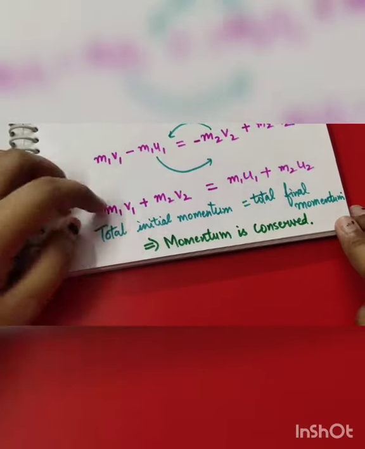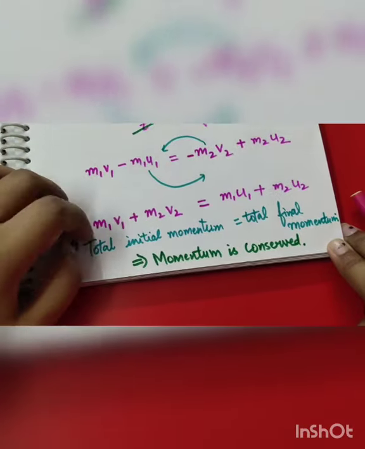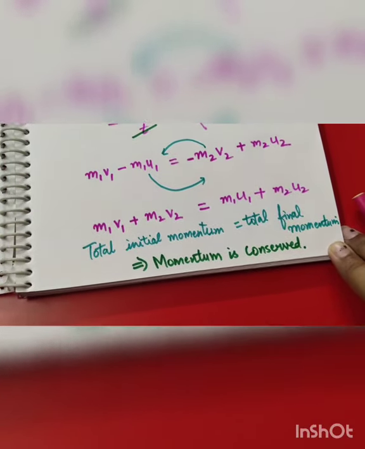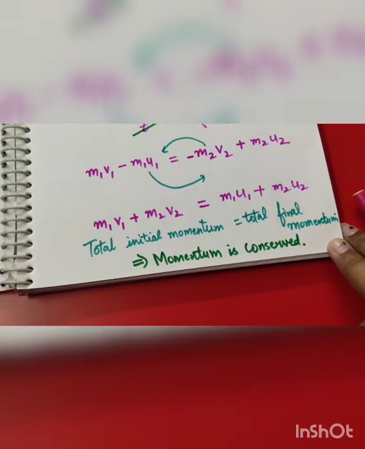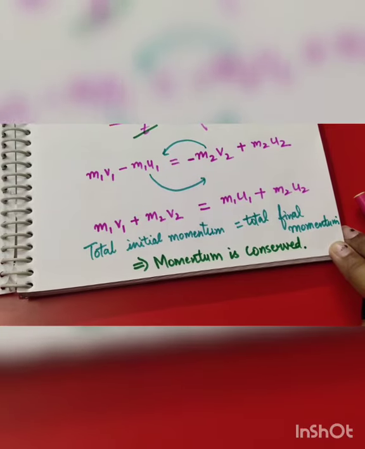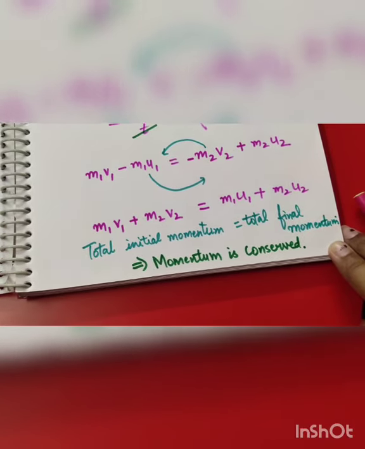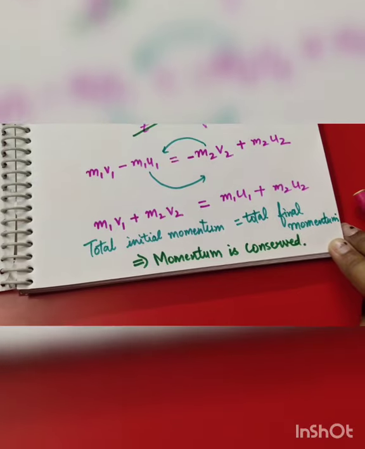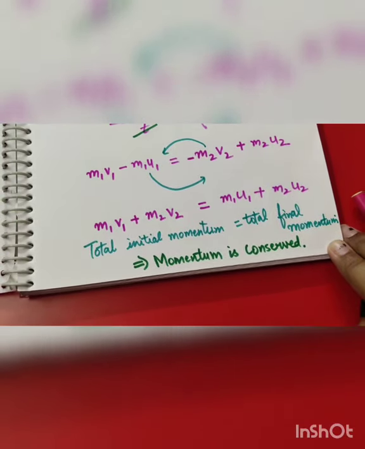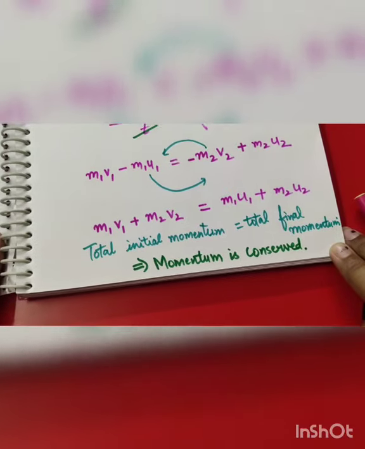You are not losing the momentum. So whatever momentum got reduced on one side can be transferred to the other object. So when the first object collided with the second object, it transferred the impact to the second object, and during that it himself lost some momentum, and the amount lost by object 1 is equal to the amount gained by object 2, and hence we can see that momentum is conserved.